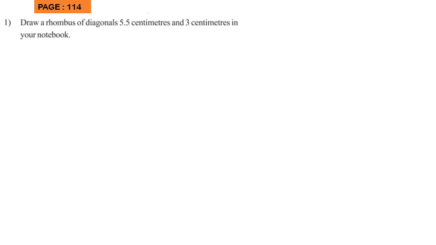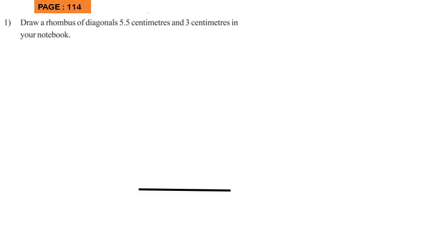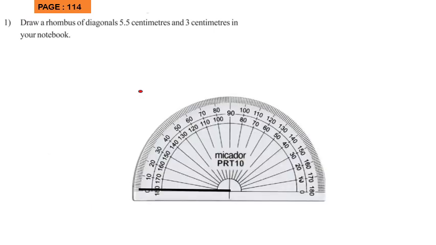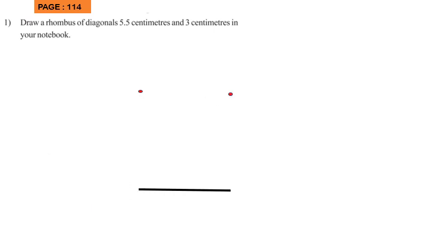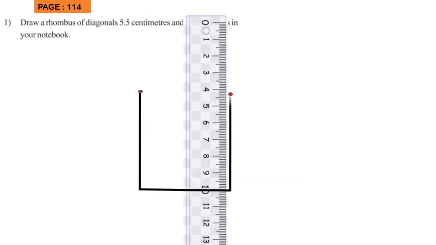See children, first let us draw a rectangle of length 5.5 centimeter and breadth 3 centimeter. For that, take a ruler and mark 5.5 centimeter length. Then use a protractor and mark a 90-degree angle from both ends of the horizontal line. Then use a ruler and draw perpendicular lines.